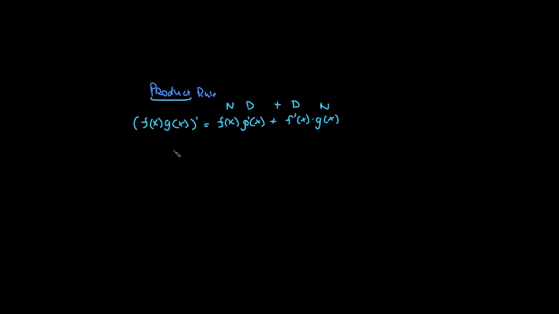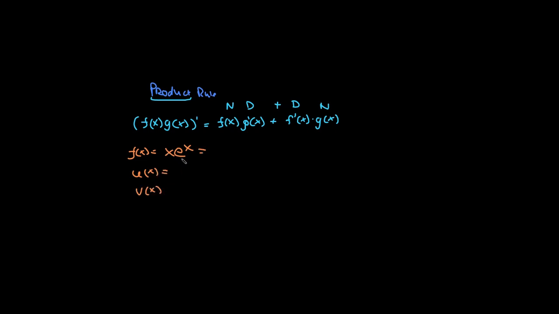Alright, so last video I explained things about exponential functions, so I think it will be fun to make use of that. The first function that we'll be taking the derivative of is x times e to the x. It will be useful to split these up into u of x and v of x.